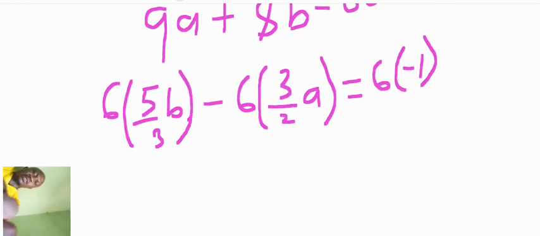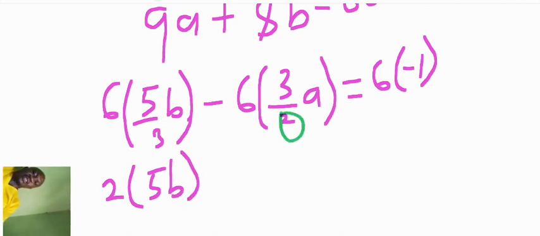So looking at this, you realize that 3 divides 1 and divides 6 2. So it means that I'll be having 2 outside the bracket. I have 5B inside, and also 2 divides 1 and divides 3 and divides 6 3.